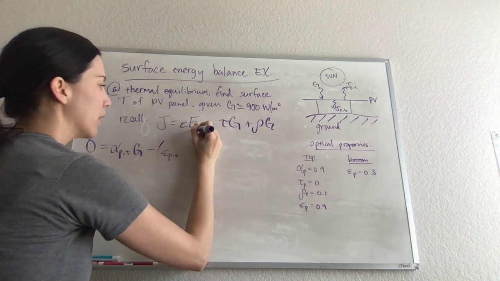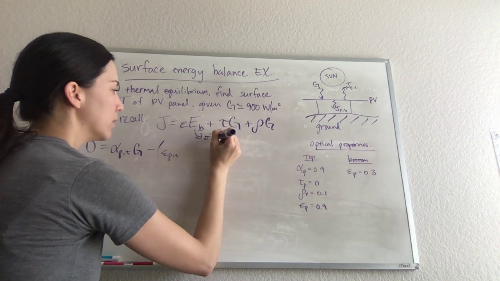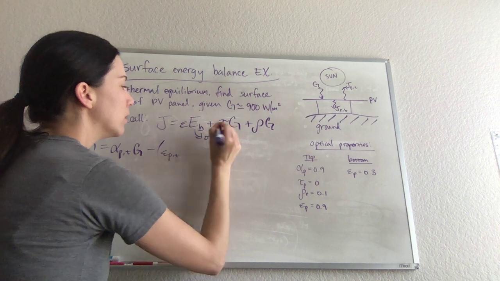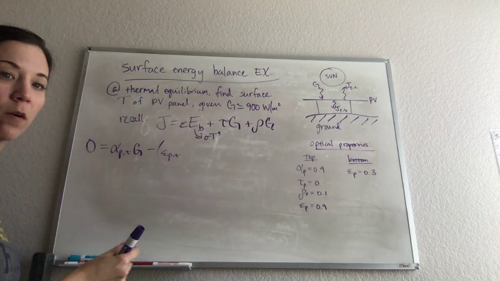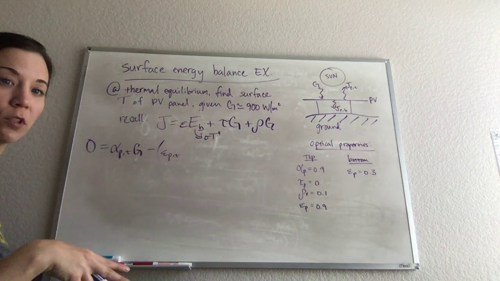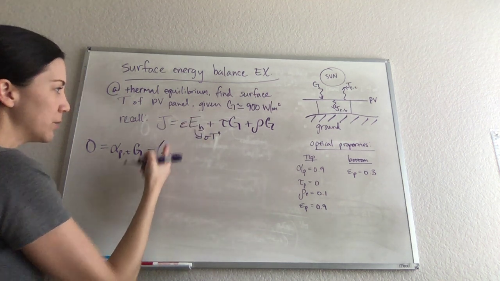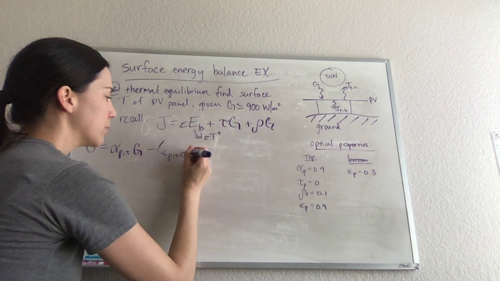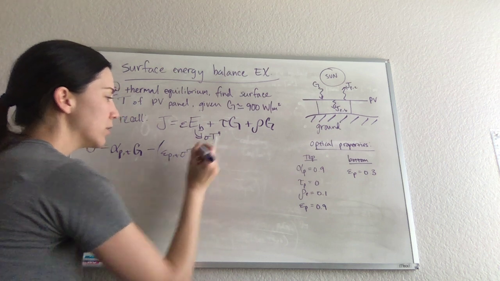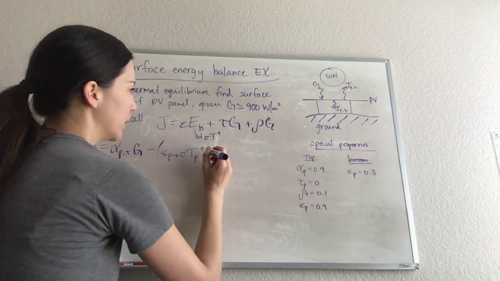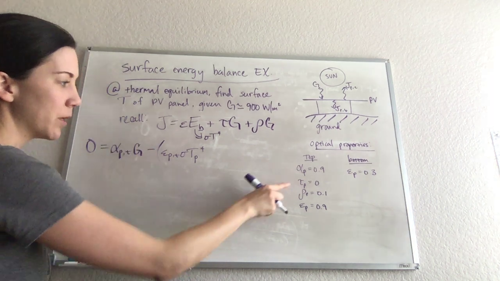Now, if you remember, the emissive power of a black body given the Stefan-Boltzmann law is sigma T to the 4. So I'm going to substitute that. So we have the emissivity of the panel on top times sigma temperature of the panel to the 4th power, okay? And I'm going to point something out here.